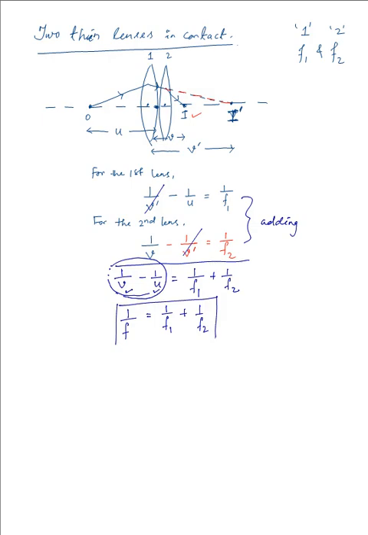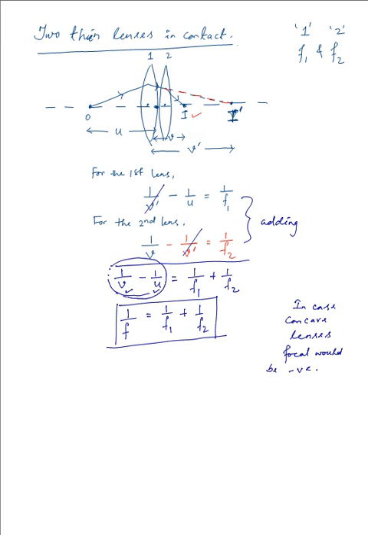Now for convex lenses, obviously we have the focal lengths to be positive. Now in case of concave lenses, as we know, either both of them or any one of them, the focal length would have been negative, considering the sign convention that we often use.